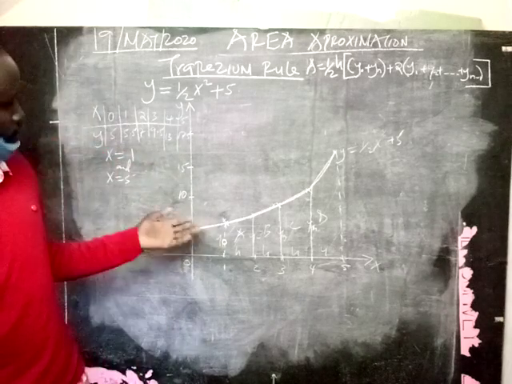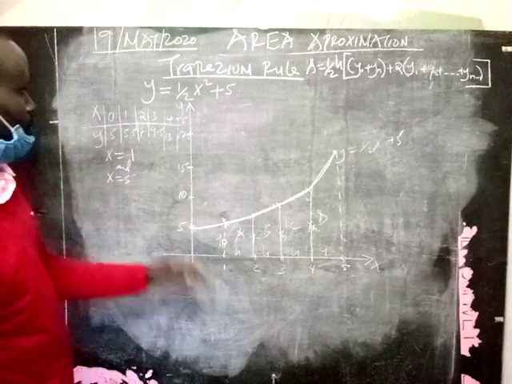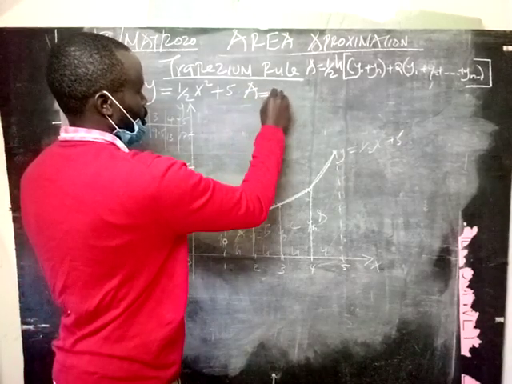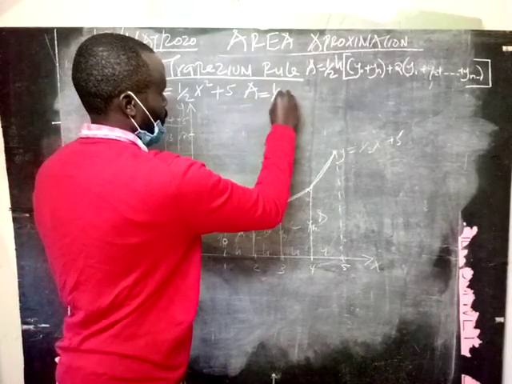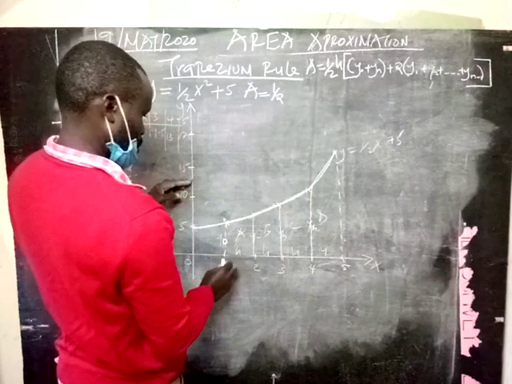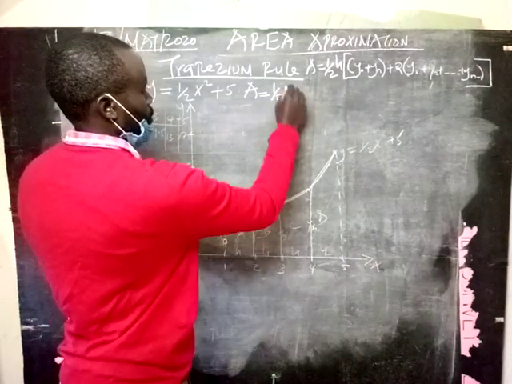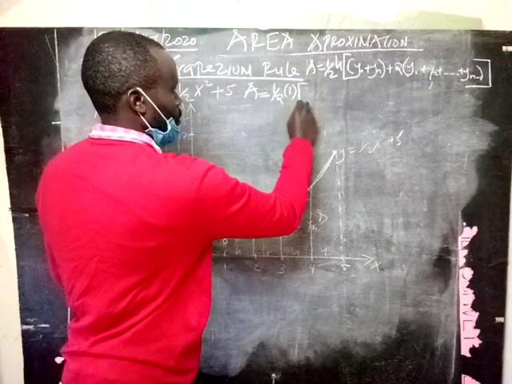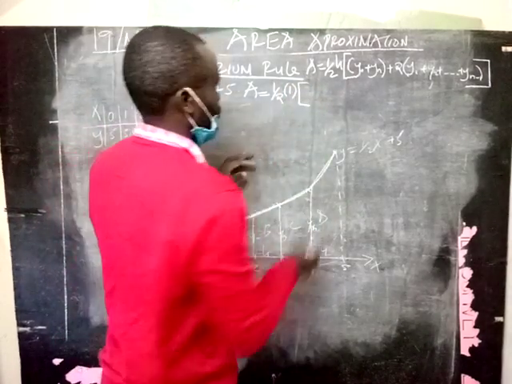When we want to find the area, we are going to say half times the height, which is 1. Then we open the bigger bracket.